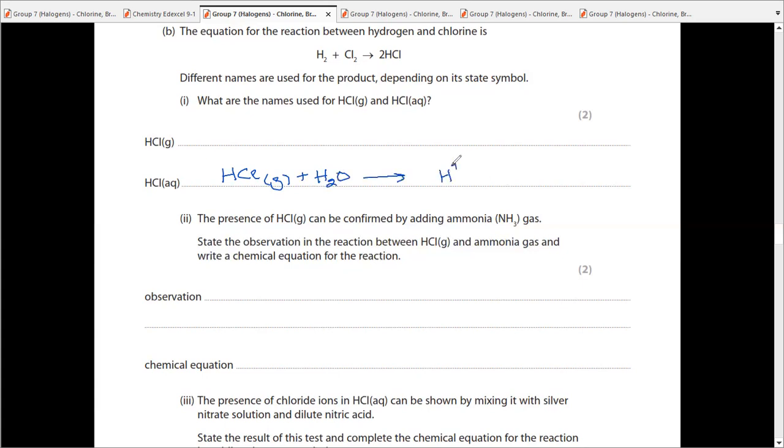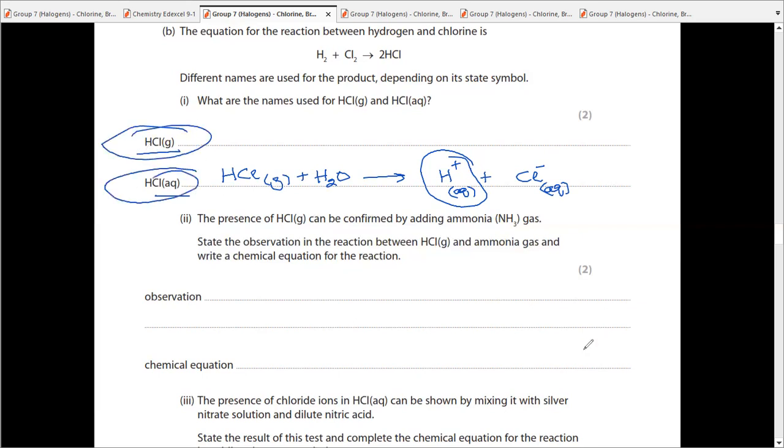It produces hydrogen positive ion and chloride negative ion in the aqueous system. And since it gives this hydrogen positive ion, we call it hydrochloric acid. This is hydrogen chloride on top, this is hydrochloric acid. I hope that clarifies it.